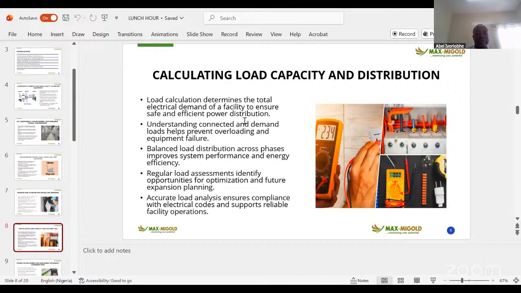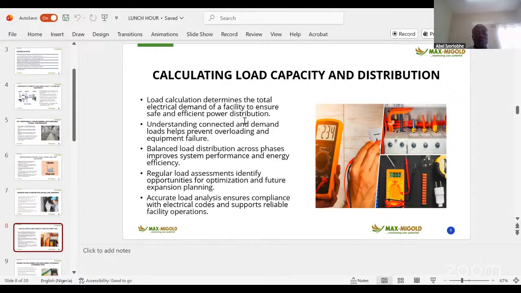So when calculating, it helps you understand the connected and demand loads, and helps prevent overloading and equipment failure. If you spec it right, you won't have issues with a generator shutting down because of overload, or a cable being burned because of overload. It helps you save cost in the long run.